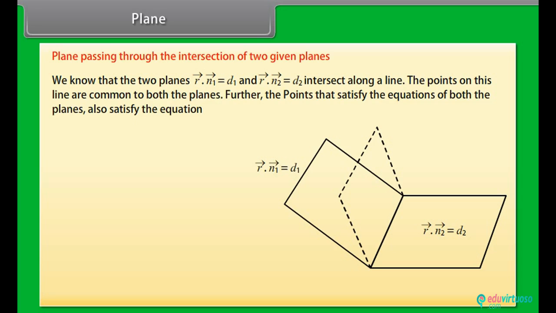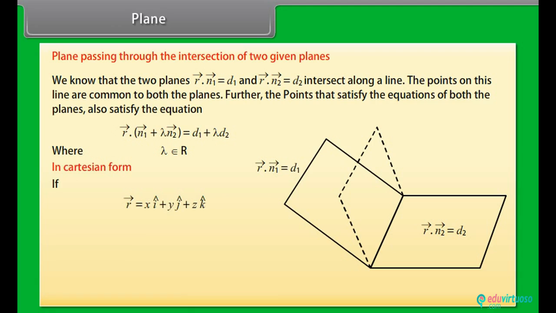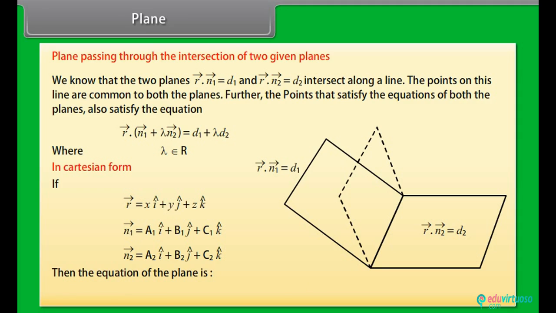Further, the points that satisfy the equations of both the planes also satisfy the equation: the dot product of vector r and vector n1 plus lambda n2 equals d1 plus lambda d2, where lambda belongs to R. In Cartesian form, if vector r equals x i cap plus y j cap plus z k cap, vector n1 equals a1 i cap plus b1 j cap plus c1 k cap, vector n2 equals a2 i cap plus b2 j cap plus c2 k cap, then the equation of the plane is a1x plus b1y plus c1z minus d1 plus lambda into a2x plus b2y plus c2z minus d2 equals 0.